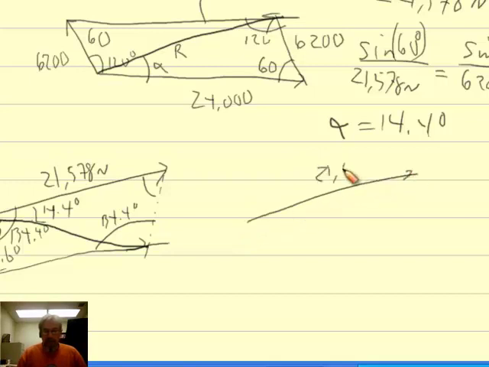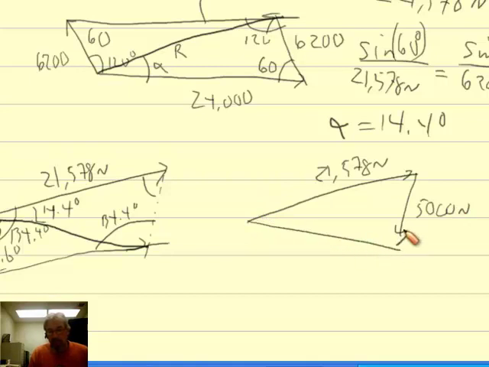Here's my 21,578 newtons. Here's my 5,000 newtons. And I know that this angle here is 45.6 degrees.